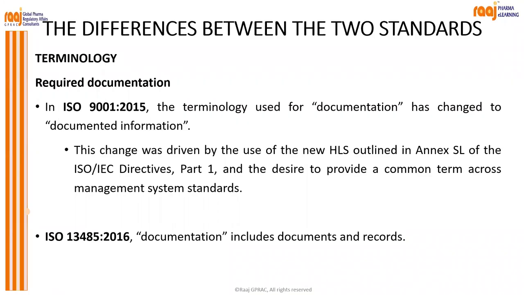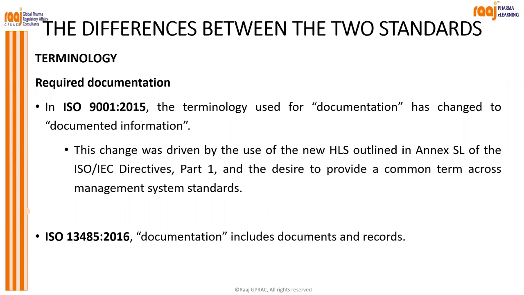And then the required documentation, this terminology and how it is used. In ISO 9001, the terminology used for the documentation has changed to documented information. So this is one change I have to specify as a difference from ISO 9001.